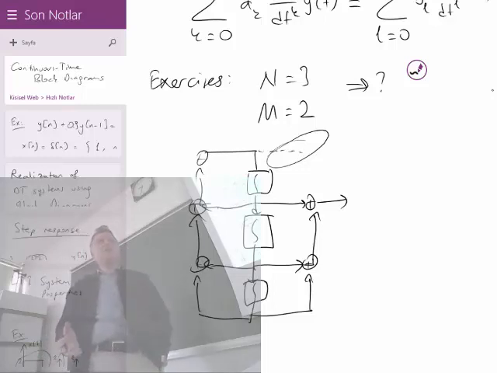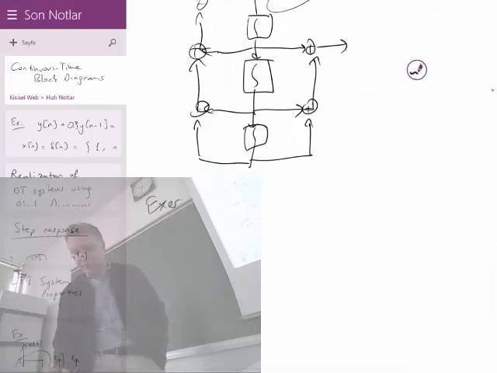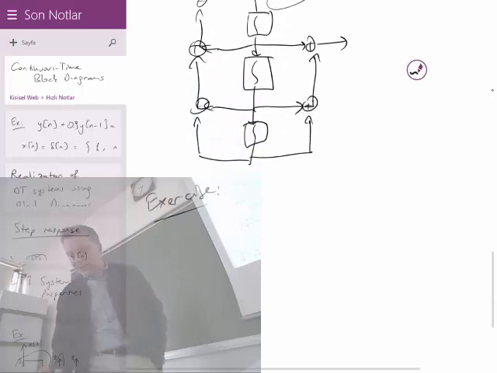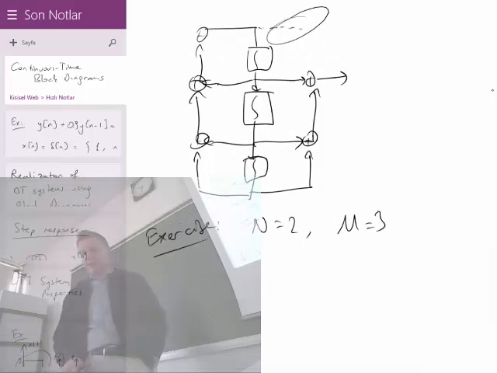How about the other way around? What about n is equal to 2, m is equal to 3? Then what will it look like? Confusing.